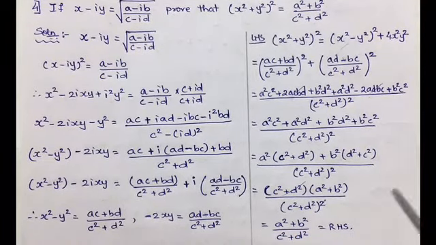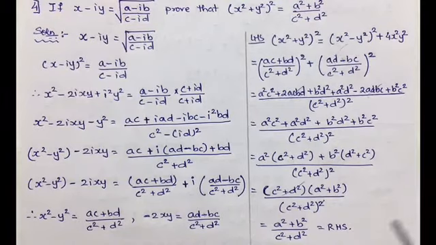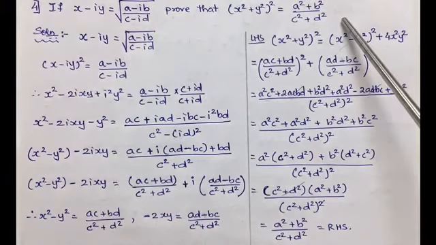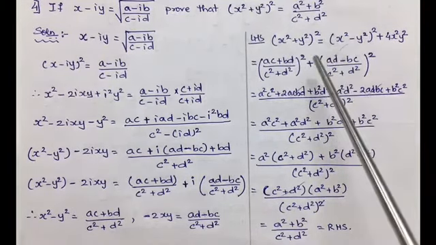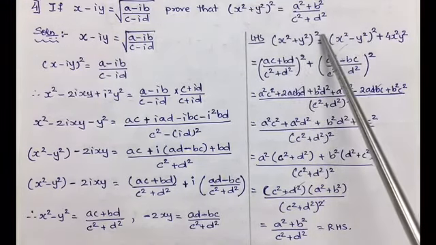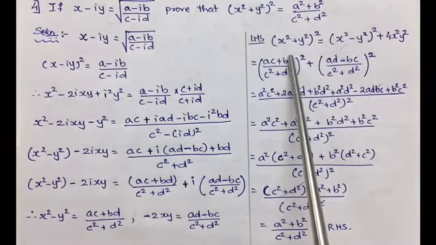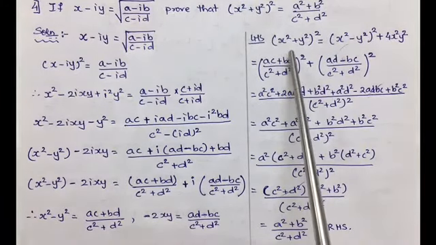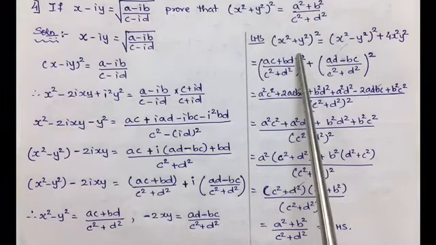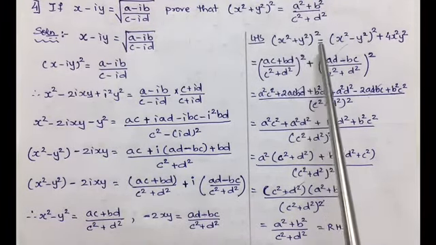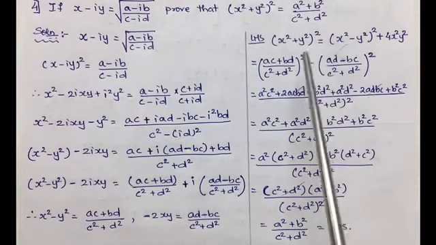Now, after getting all the values, that is x square minus y square and minus 2xy, we will take up the LHS part of the result to be proved, that is (x square plus y square) whole square. Now this can be expressed as, because if you expand it, it becomes x raised to 4 plus the middle term 2x square y square plus y raised to 4.